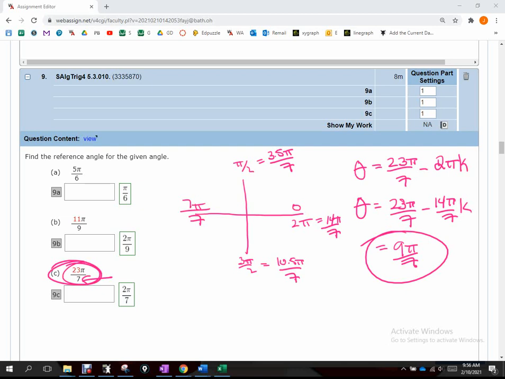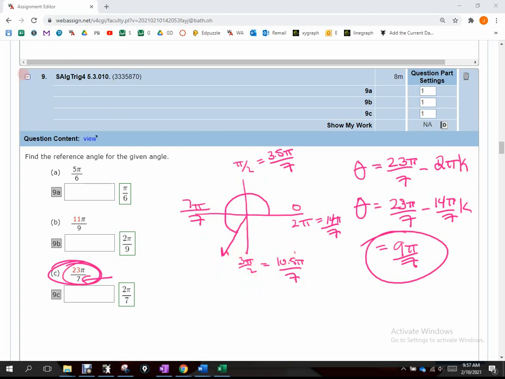Okay? So now when I draw my angle here for 9 pi over 7, I know it should stop in the third quadrant. Does that make sense? Okay?